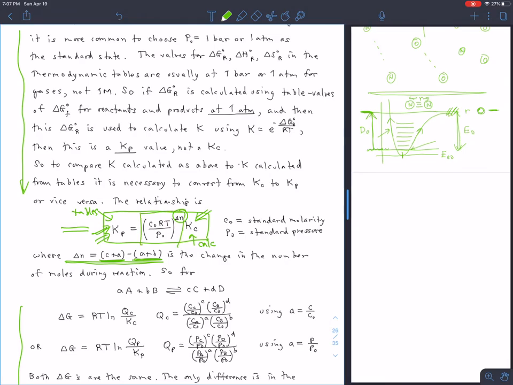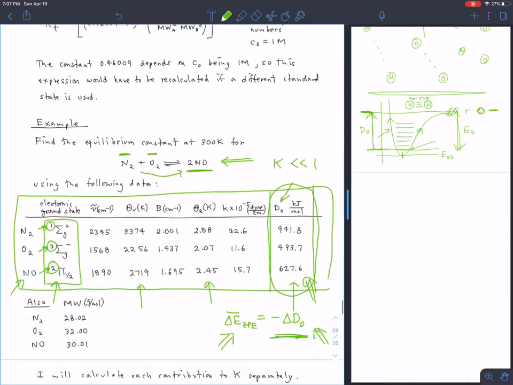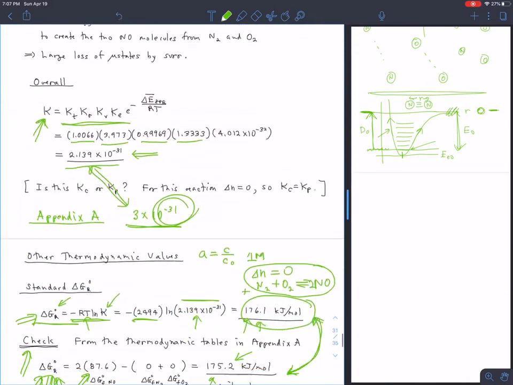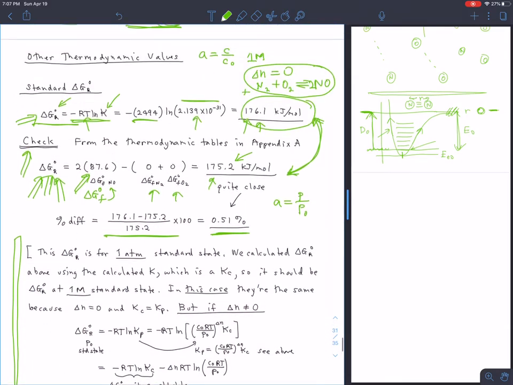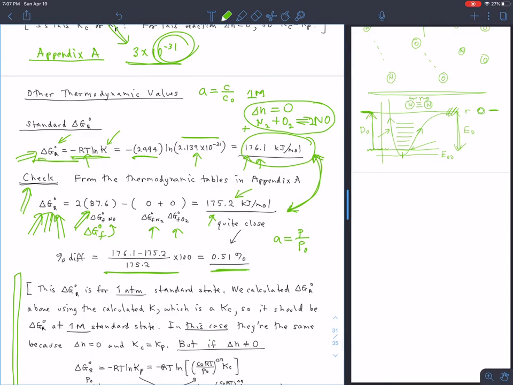That means all of this is just a 1, which means the 2 are the same. So for this case, we could get away with calculating deltaG using the molar standard state and then calculating again using the atmosphere standard state and get the same answer either way. But that won't work in general.